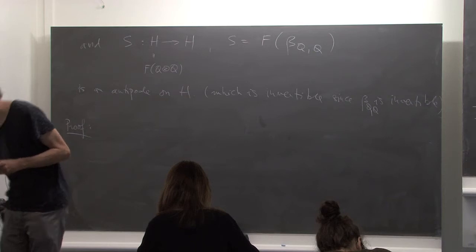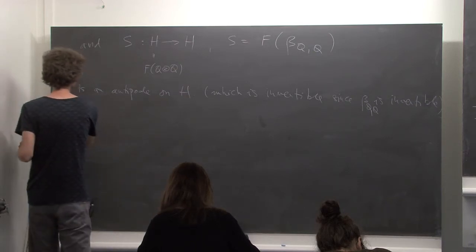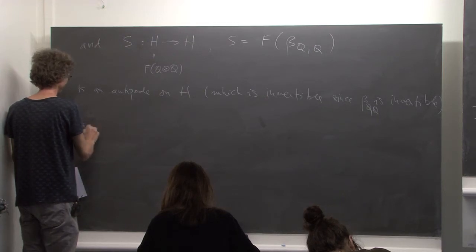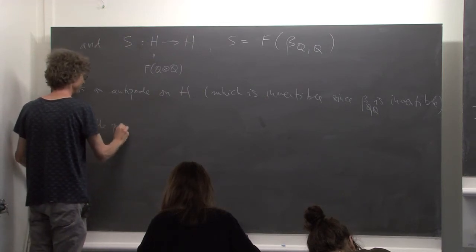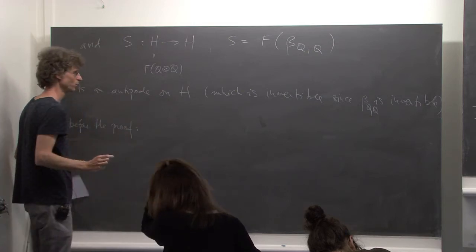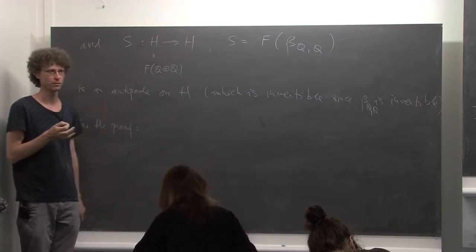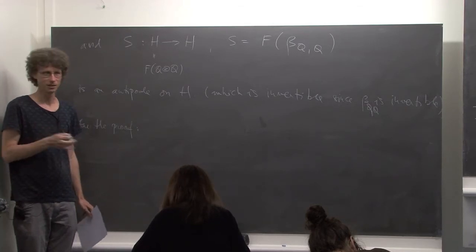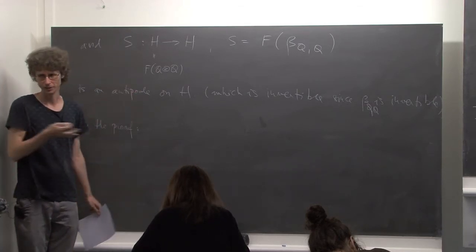Or, that's still 10 minutes, so let me write this before the proof. Since that's a theorem where we finally construct a Hopf algebra, let's maybe write down explicitly what that Hopf algebra is.